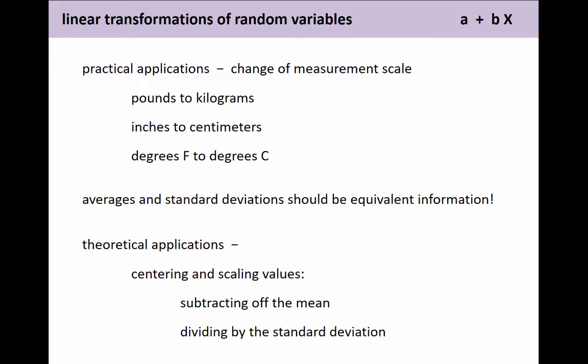So when we set up our z-score number line with the mean as the 0 point or center and the standard deviation of the natural measurement scale, we were really doing a linear transformation. So there are both practical reasons and foundational theoretical reasons to look at linear transformations.